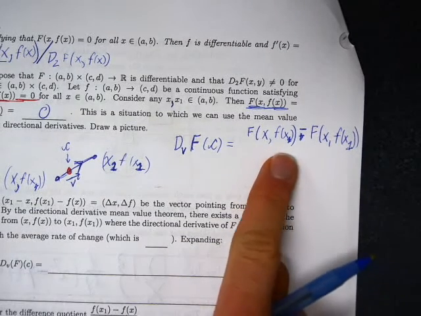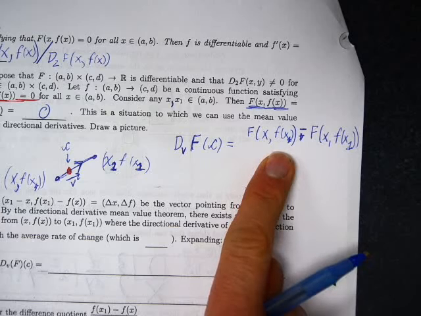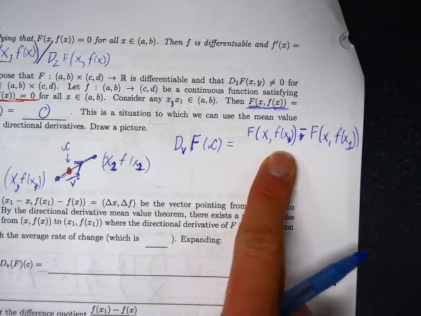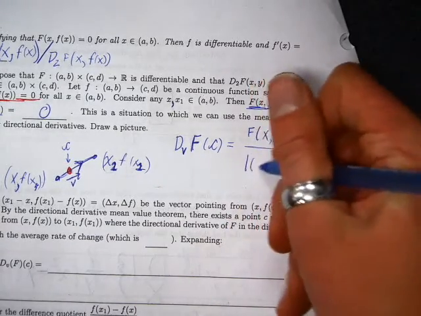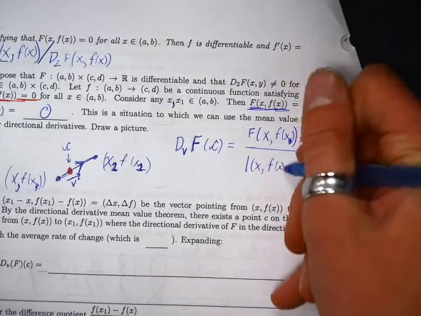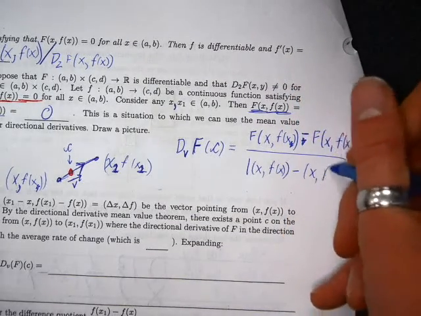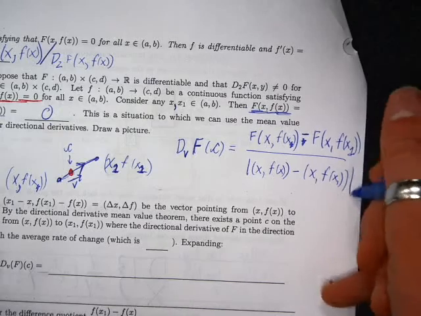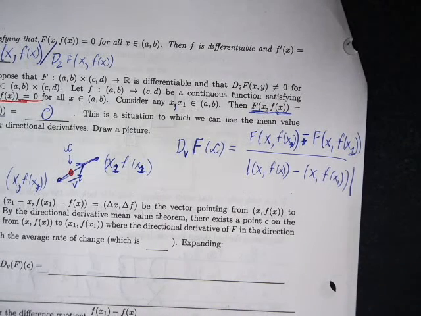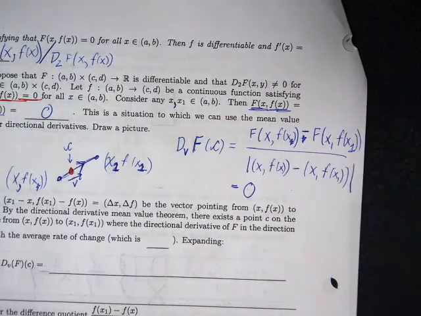Maybe you think I should divide by the distance between those 2 points or something. In fact, yeah, I should, shouldn't I? Let's see. What is that number on the right-hand side equal to? 0, because it's 0 minus 0 divided by a number. It's 0. So in fact, we have a point where the directional derivative is 0.